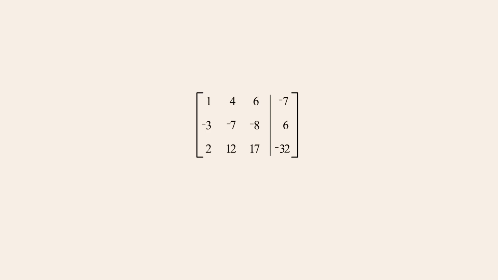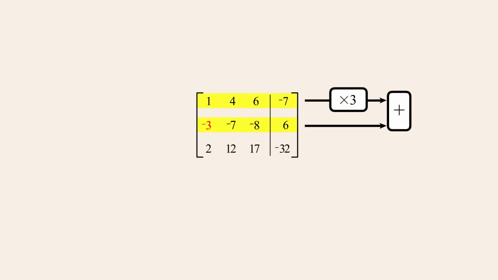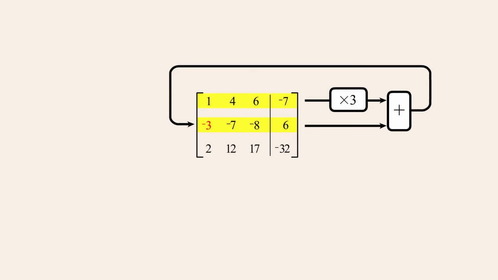Now that the leading entry of row 1 is a 1, we need to change the entries below that entry to zeros. Starting with the entry in row 2, we can zero this entry by using a pivot operation to add 3 times row 1 to row 2, replacing row 2. The other entries in row 2 will also change, but this doesn't matter.